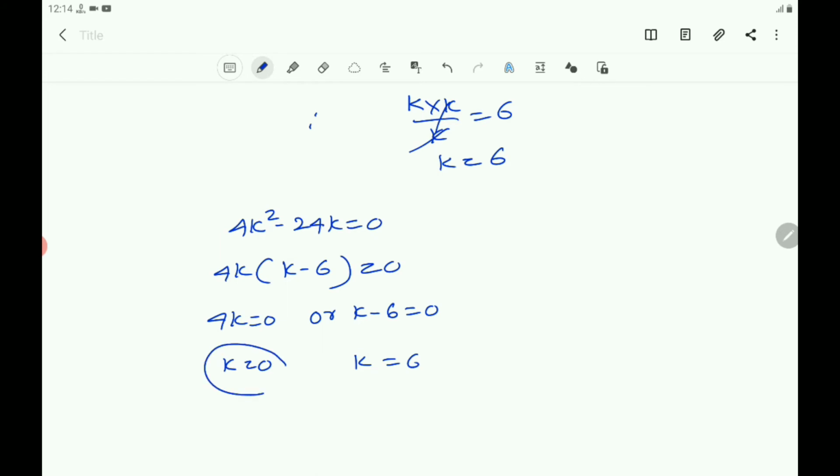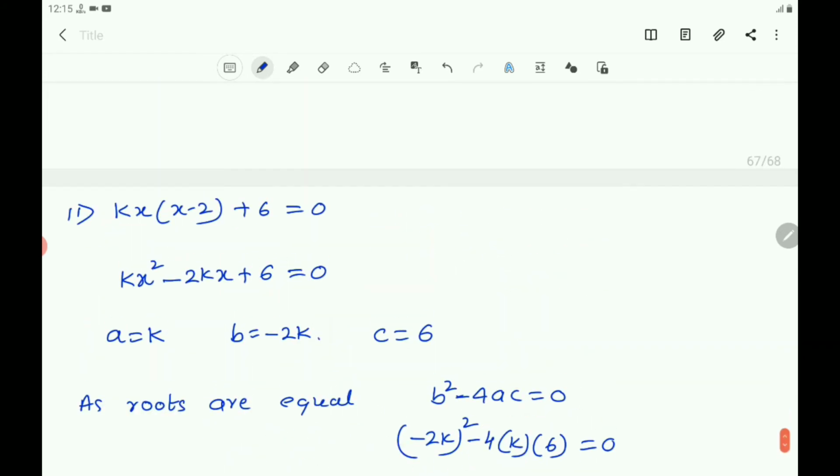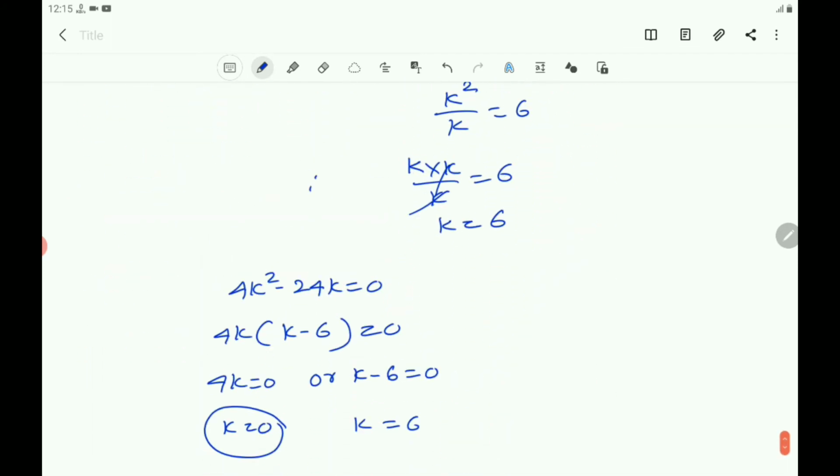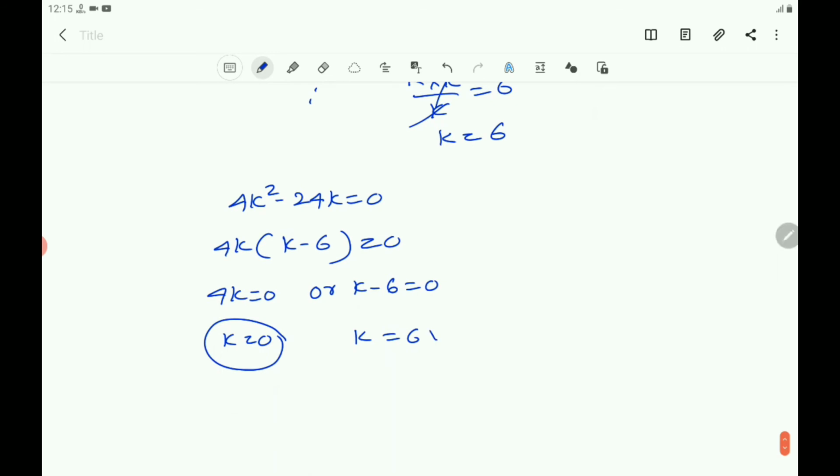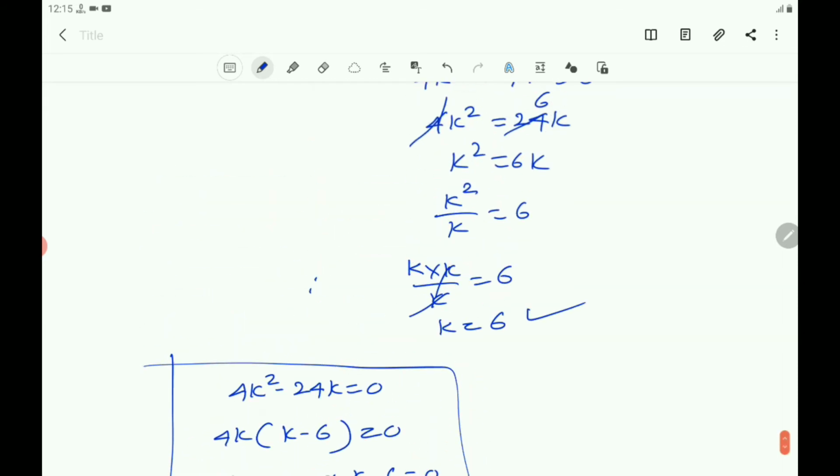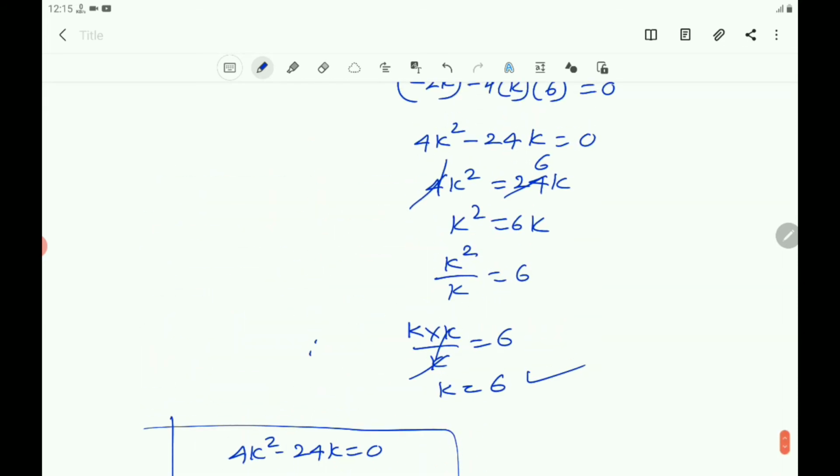But if k equals 0, then this whole becomes 0. So k must be 6 only, you have to consider k equals 6. You can use either method to get the value of k.